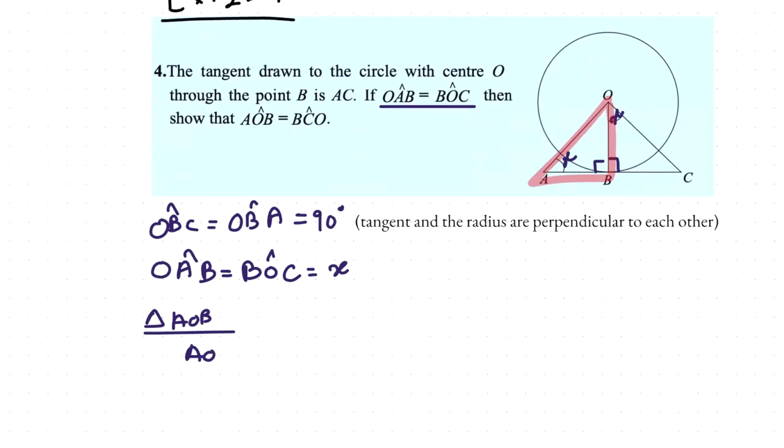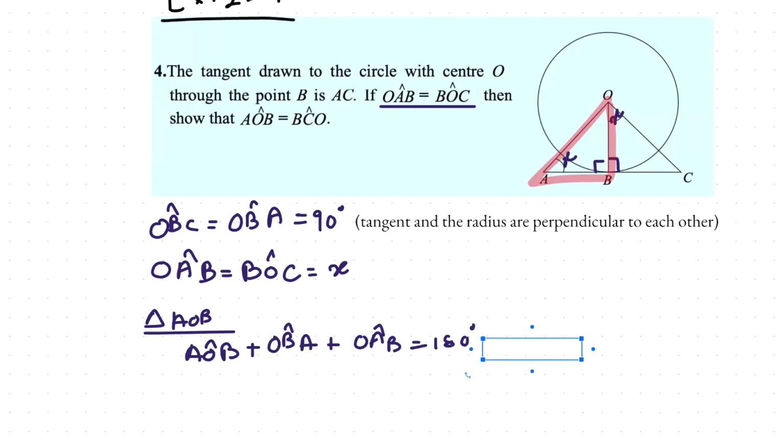AOB plus OBA plus BAO equals 180. This is the sum of interior angles of a triangle.